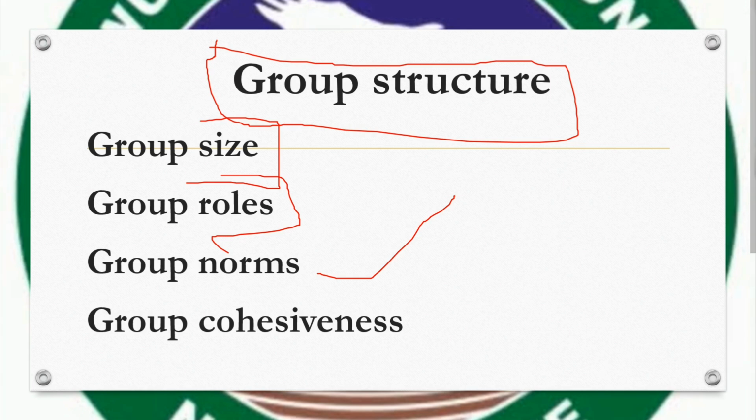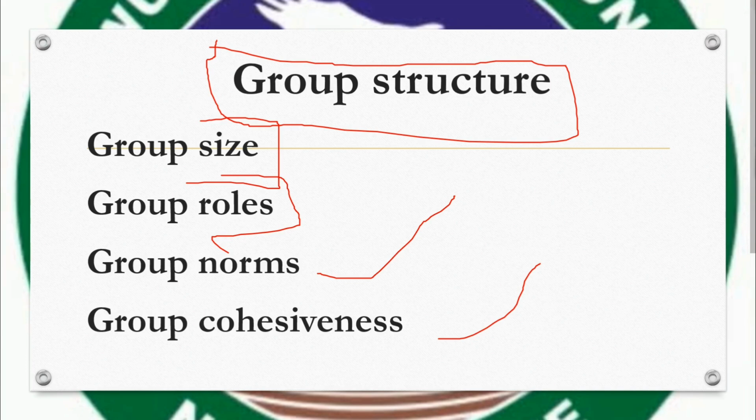So let's now finally look at cohesiveness. Cohesiveness refers to the bonding of the group members and their desire to remain part of the group. Groups tend to be more cohesive when they are in intense competition with other groups or face a serious external threat to their survival.